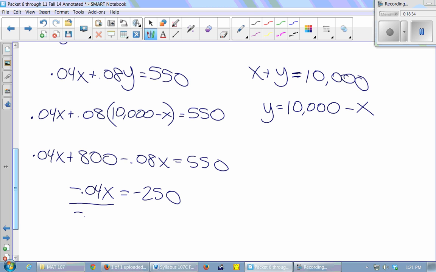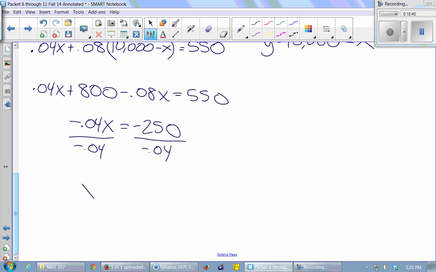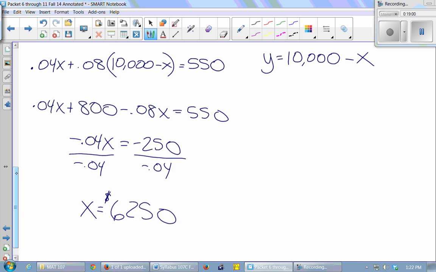All right, divide by negative 0.04. And we get x equals, anybody have a calculator handy? 6,250. What are my units on that? Dollars. Yeah, because this is money that I'm investing. And then to find y, I go back up to this equation where I solve for y.